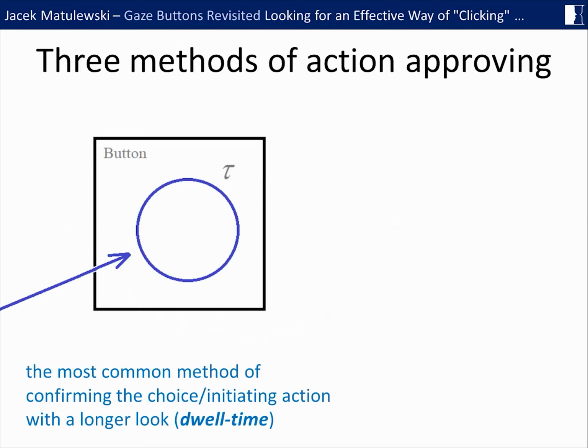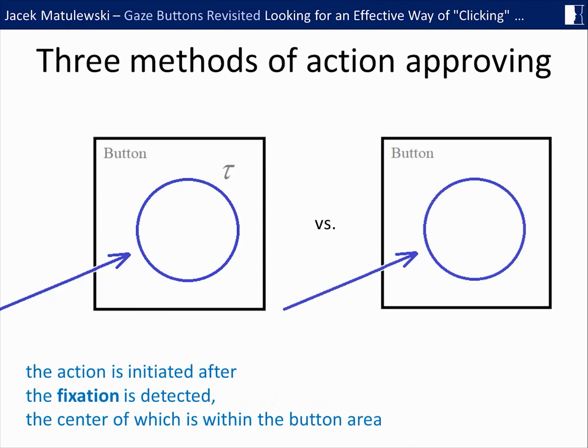We examined three methods of button activation by gaze. The most standard method, based on the use of dwell time, was our reference method. Firstly, we compared it to a similar method based on detecting fixation inside the button area. Activating a button with fixation requires an analysis of eye movement events, namely detection of fixation and saccades, performed in runtime.